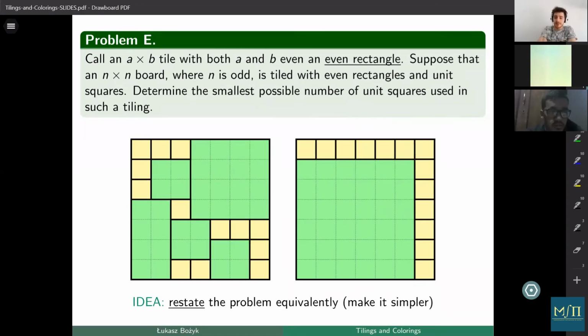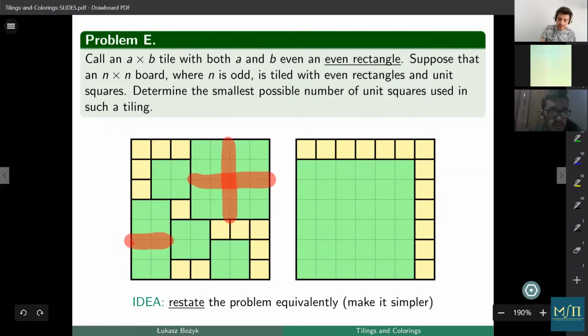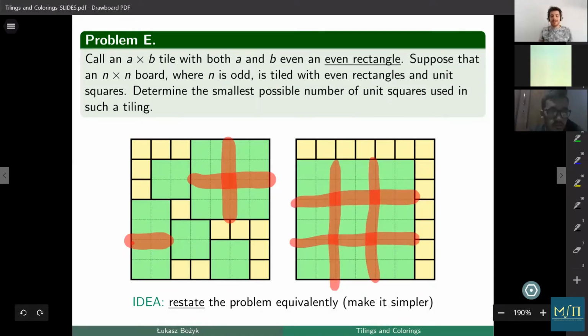And the first step would be to note the following observation: even rectangles having both side lengths even are precisely those rectangles that can be subdivided into 2 by 2 squares. And on the other hand, each 2 by 2 square is an even rectangle, right?